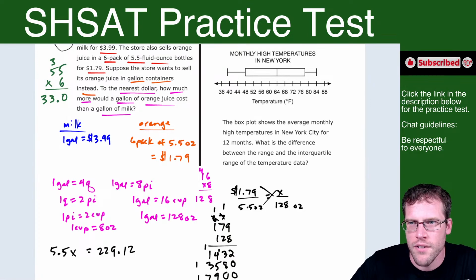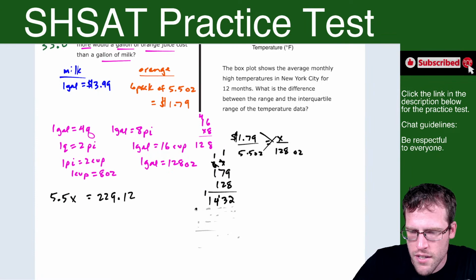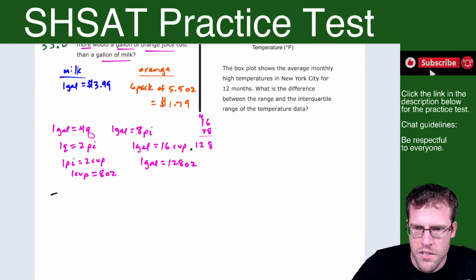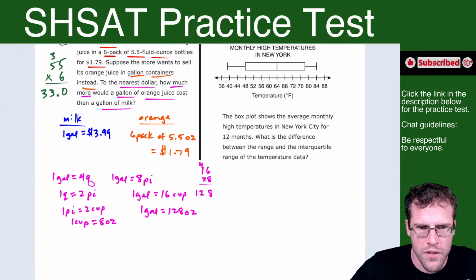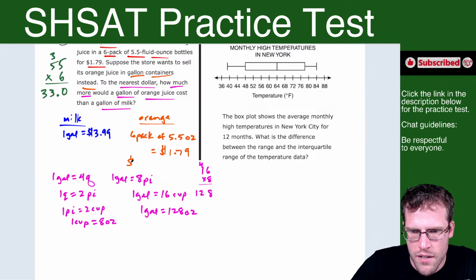So all right, you know what? I just went on this long expedition here, and I didn't need to. So let me just doctor this up a little bit. What it's costing for the OJ is $1.79 for 33 ounces.